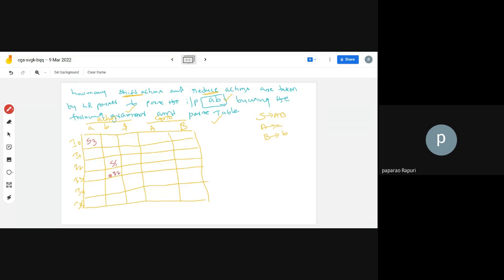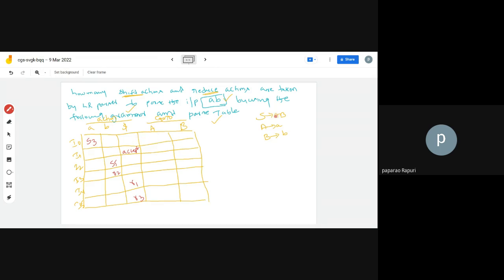I will explain everything, don't worry. I4 on dollar R1, I5 on dollar R3, and I1 on dollar accept.